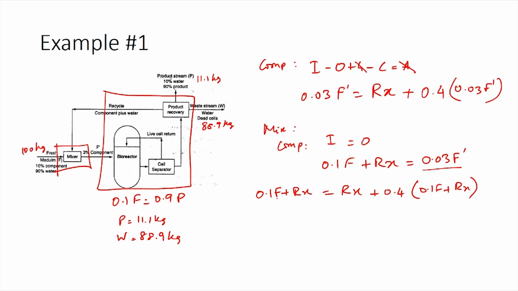As we already know the value for F to be 100 kilograms, we can calculate Rx from this equation as 15 kilograms. Now, substituting the value for Rx here, we would be able to calculate what F prime is. So, this equation becomes 0.1 times 100 plus Rx, which is 15, equals 0.03 times F prime, giving us the value of F prime as 833 kilograms.